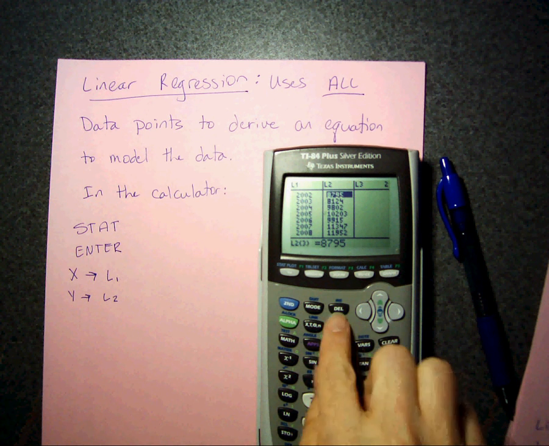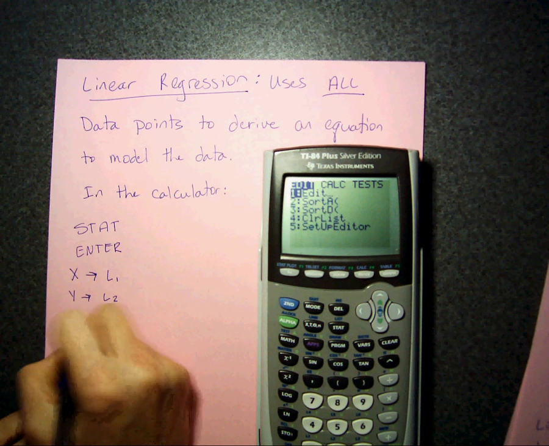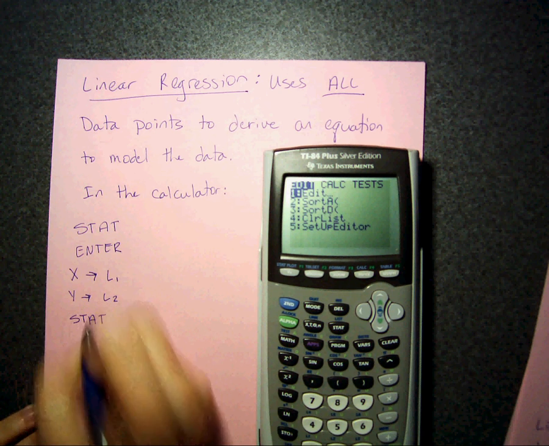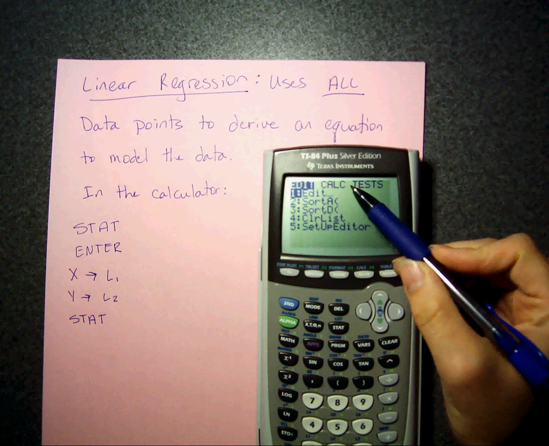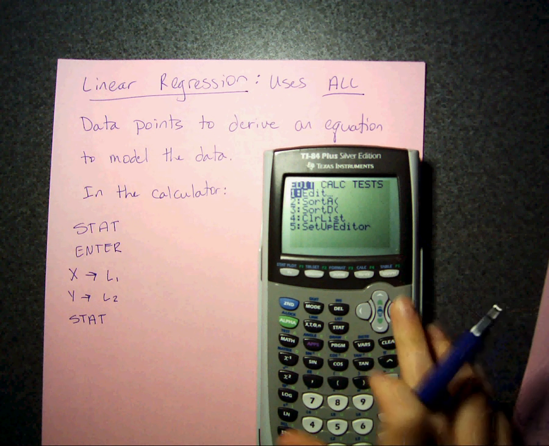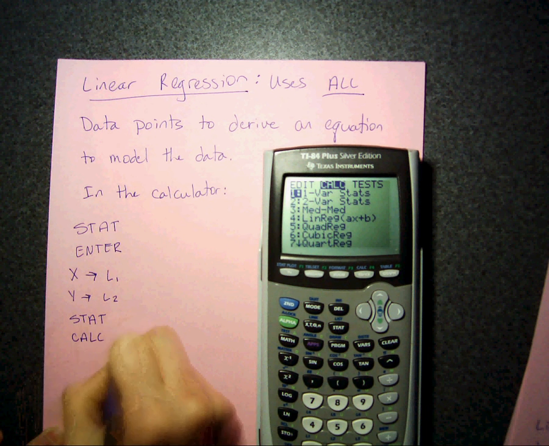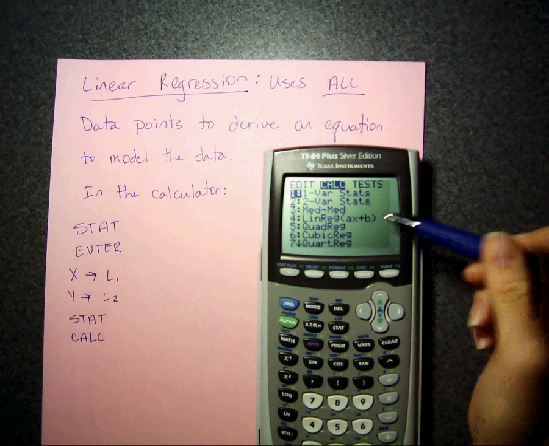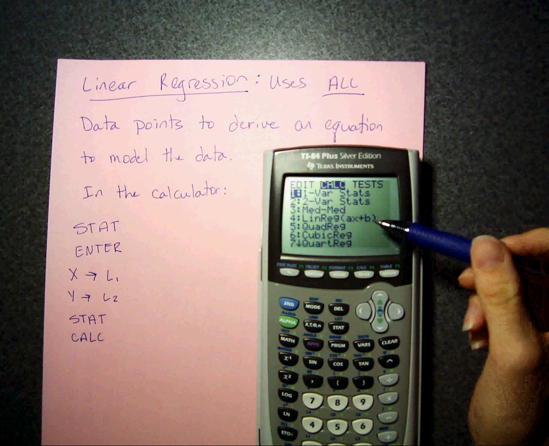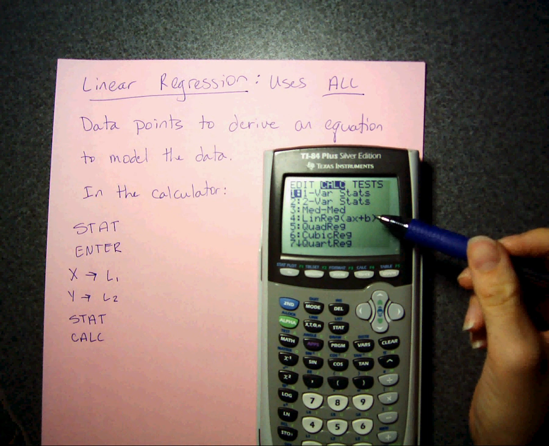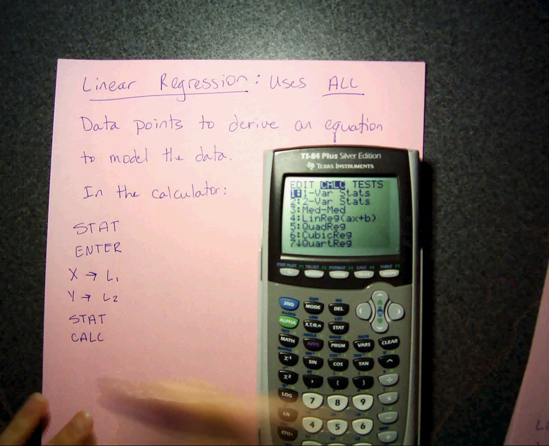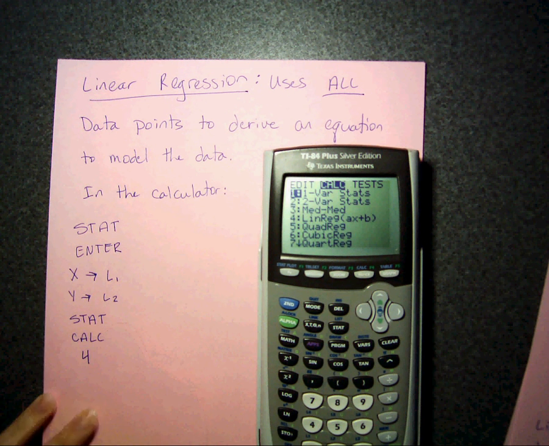And then at the top you'll see it says Calculate, and I do want to calculate something. I want to perform the regression, so I'm going to go over to Calc. And right now we're just working with linear functions, so I want to go to number 4, LinReg, linear regression. And so you can press the number 4 or go down to it and press enter. And comes up LinReg, so I'm going to press enter.